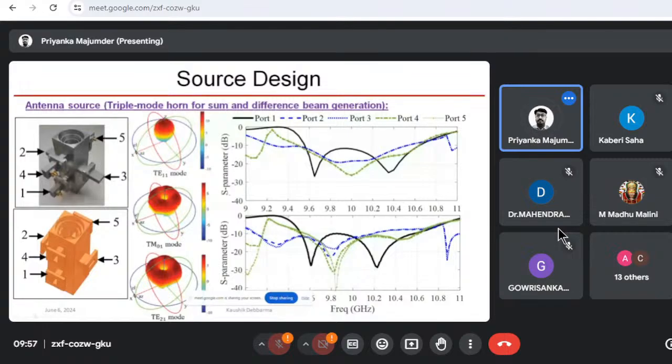As you can see in the first figure, TE11 mode, the red energy is more concentrated along the intended direction, which is the Z direction, right? And then the next two, TM01 and TE21, are different modes. That means at the intended direction, we have as little energy as possible.